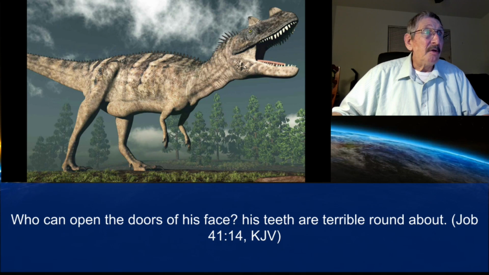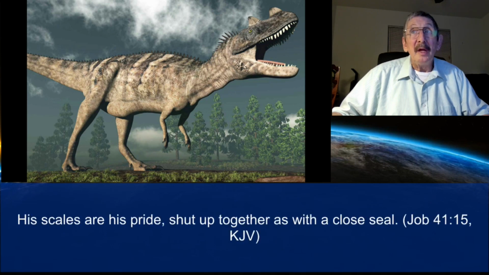His scales are his pride. They are shut up together as with a closed seal. There was one other animal that kind of reminded me a little bit of this too, so that it could have been another adaptation.